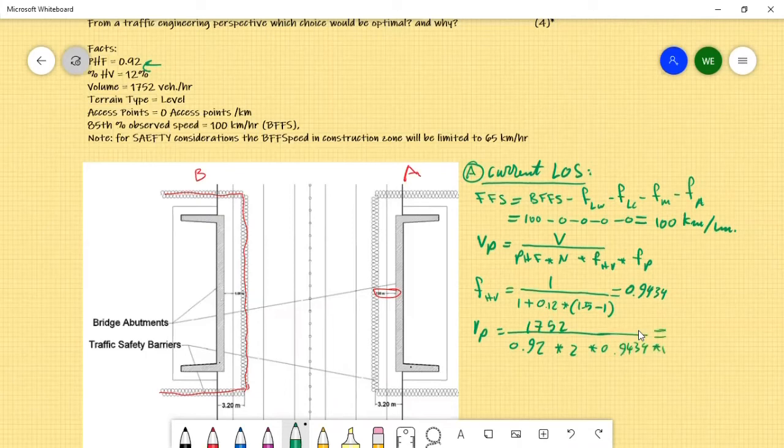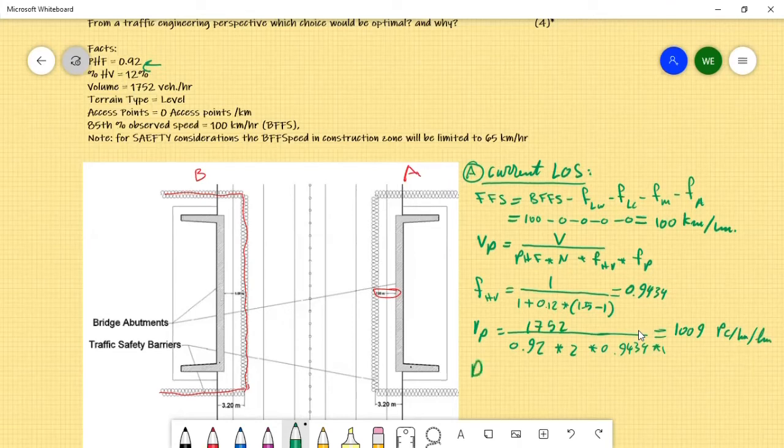So we have 1752 divided by 0.92 divided by 2 divided by 0.9434. So this is 1009 passenger cars per hour per lane.